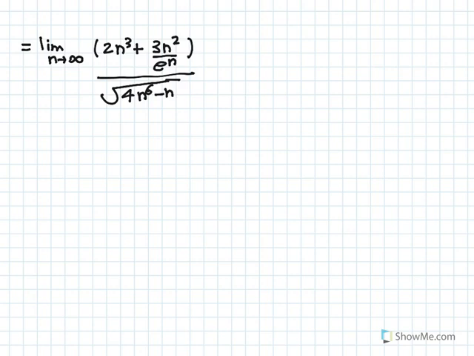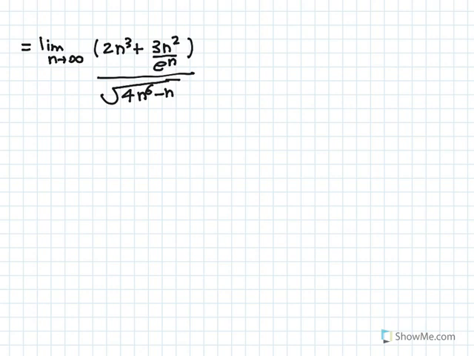So let's divide by the dominant term in the denominator, which is, of course, n to the 6, the highest power of n. But if we divide by n to the 6 inside a radical, this is equivalent to dividing by n cubed outside the radical, because the square root of n to the 6 is equal to n cubed.